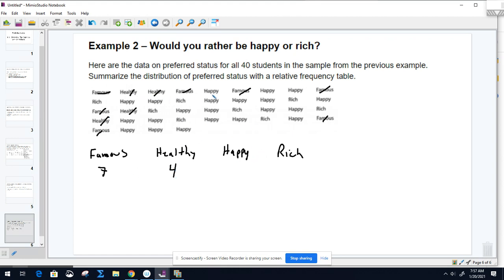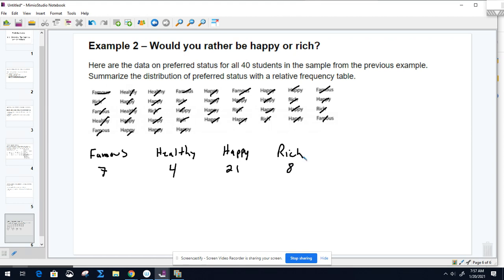Happy: 1, 2, 3, up through 21. 21 say they want to be happy. And the last one is rich. And we have 1, 2, 3, 4, 5, 6, 7, 8. Make sure I counted correctly here.